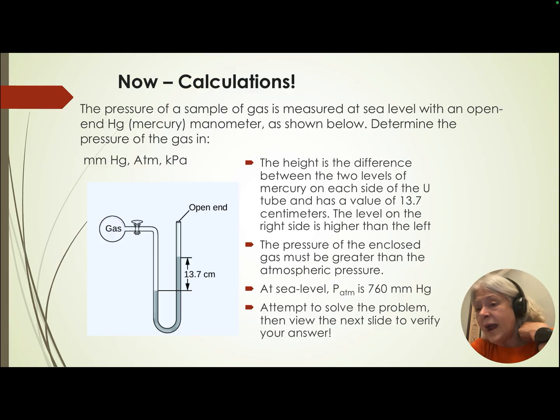The level on the right side is higher than the level on the left side. That means the pressure of the enclosed gas must be greater than atmospheric pressure. Please recall at sea level, the pressure of the atmosphere is 760 millimeters of mercury. I would suggest you pause the slide, attempt to solve the problem, and then go to the next slide to verify your answer.